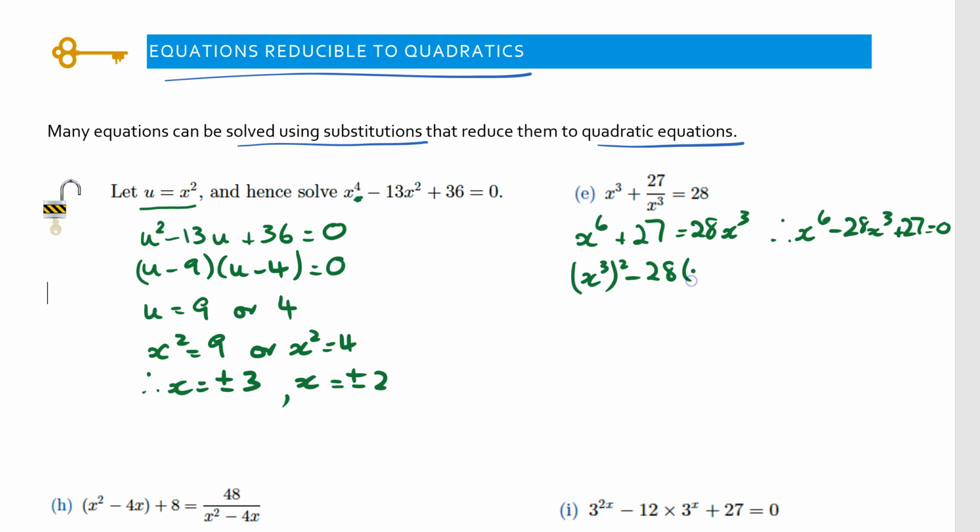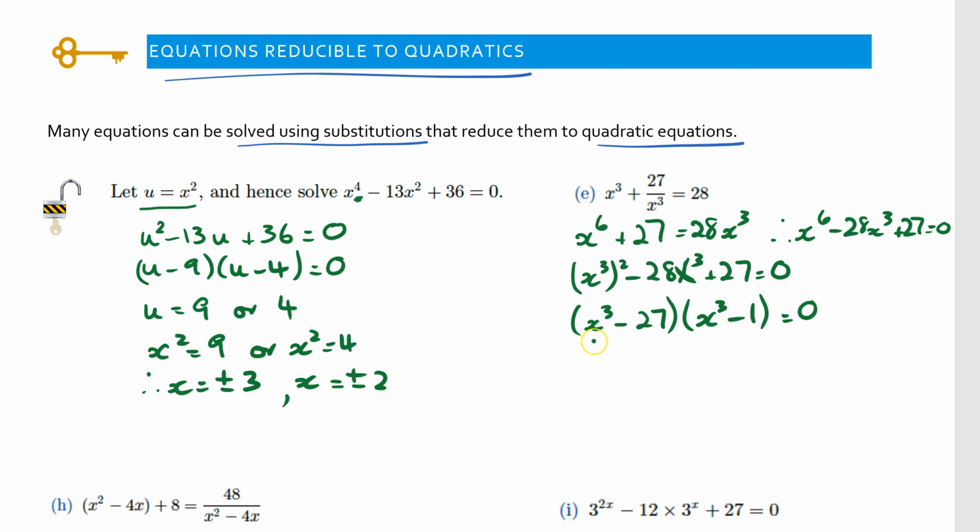So just write it like this, more legibly, and recognise that if I can think of two numbers that multiply to minus 27 and add to minus 28, that would be minus 27 and minus 1, then what I've got is x cubed minus 27 and x cubed minus 1. Be really sure that you understand what I've done there. Ask me if it doesn't make any sense, but that just saves a change of variable.